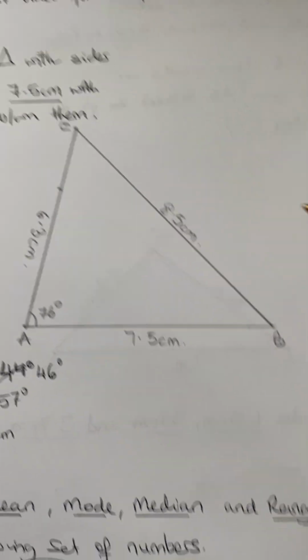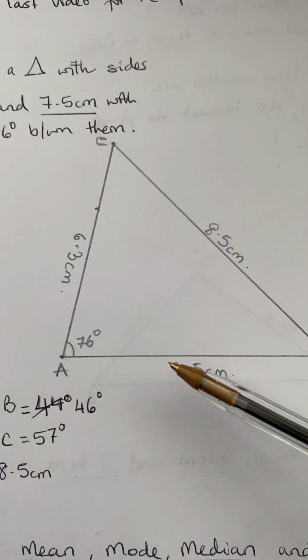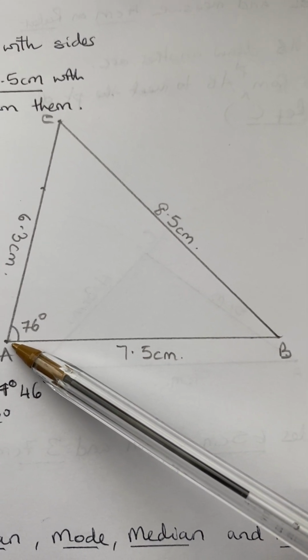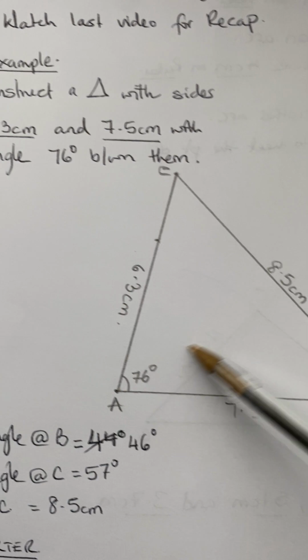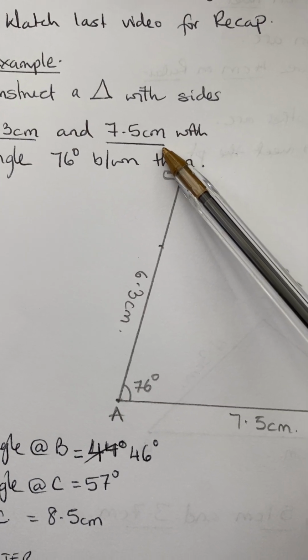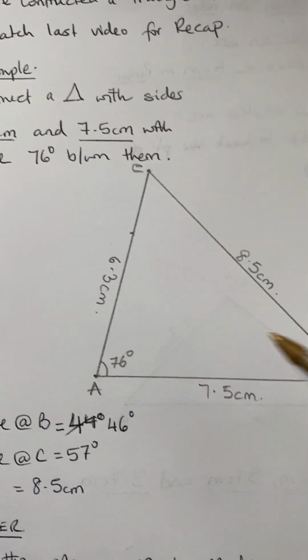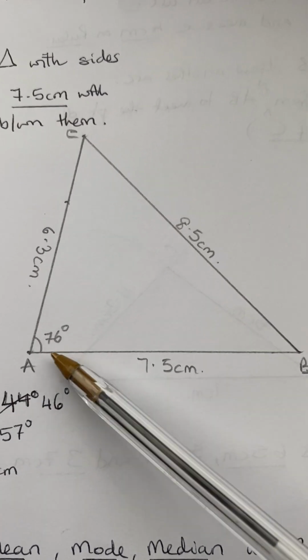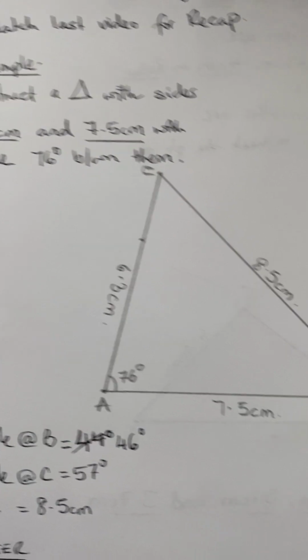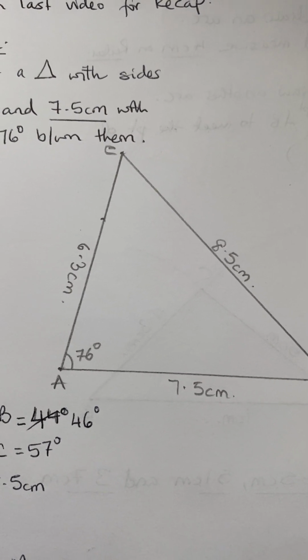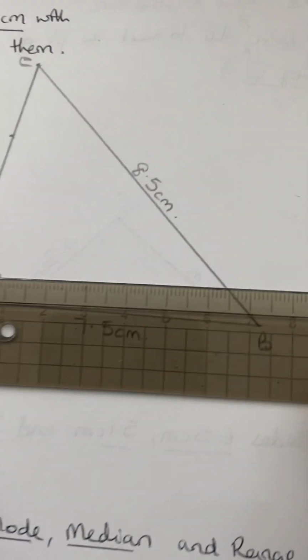Okay, so first of all, you will use a ruler and draw your line. I said I'll draw the longer line. Okay, so you draw the line 7.5 centimeters, which is AB. So if you measure this, you should get 7.5 centimeters.